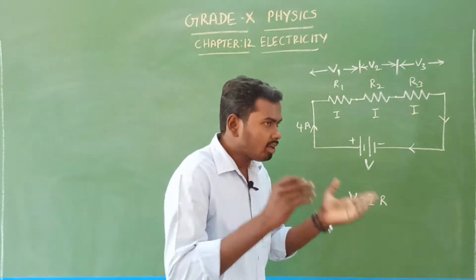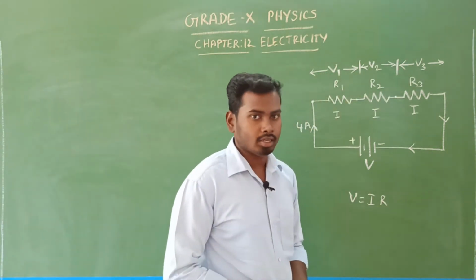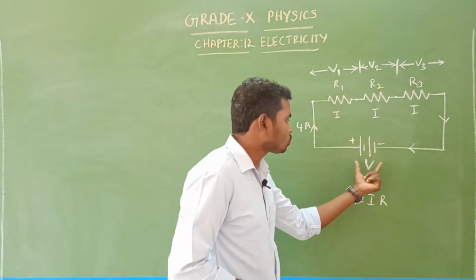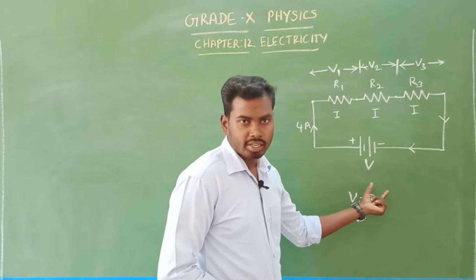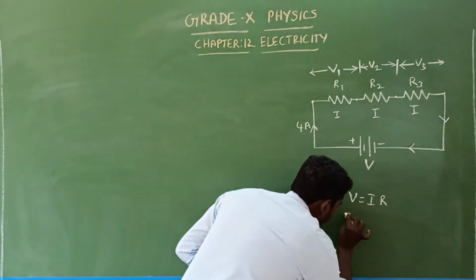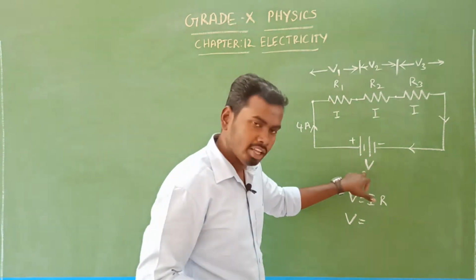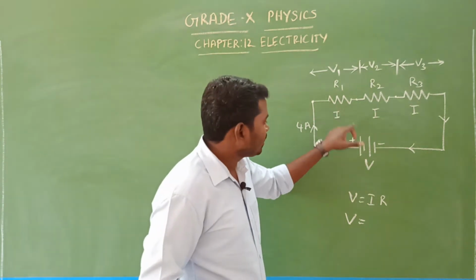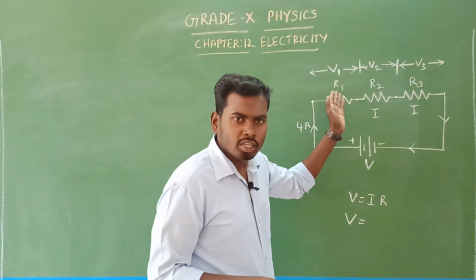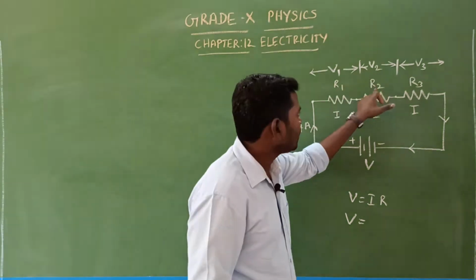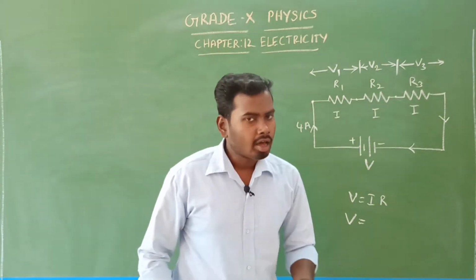Then the sum of all the potential differences across each resistor will be equal to the total potential difference, that is V, which is supplied by the battery. But here the total potential difference gets distributed in the form of V1, V2 and V3 across each resistor.